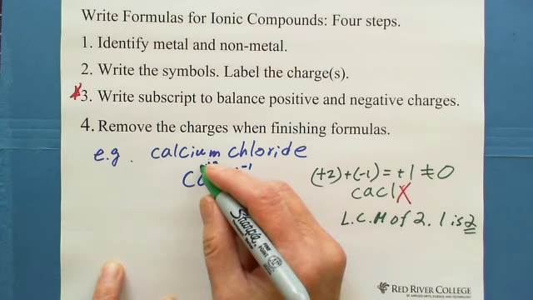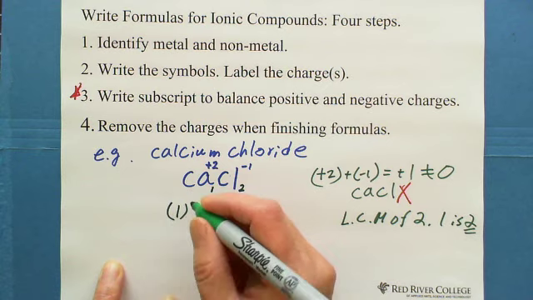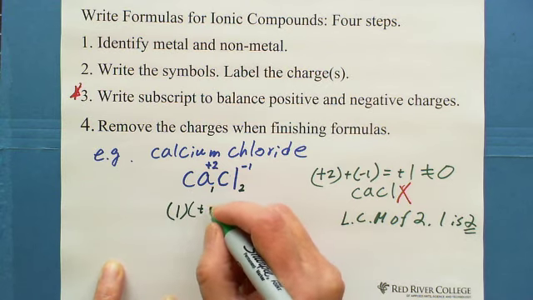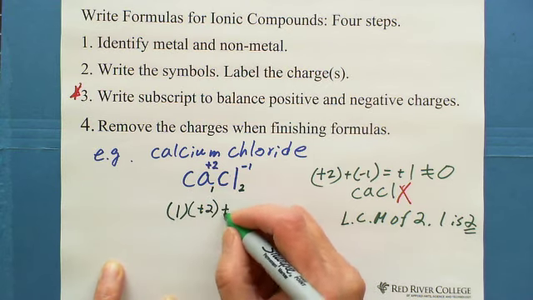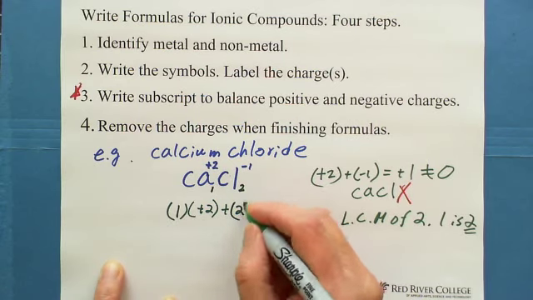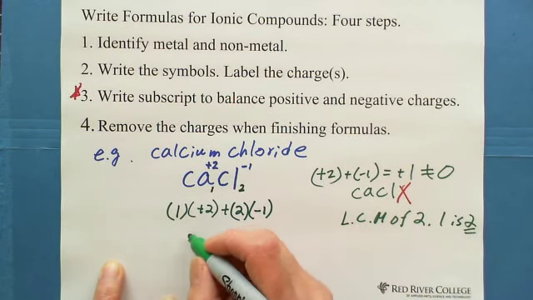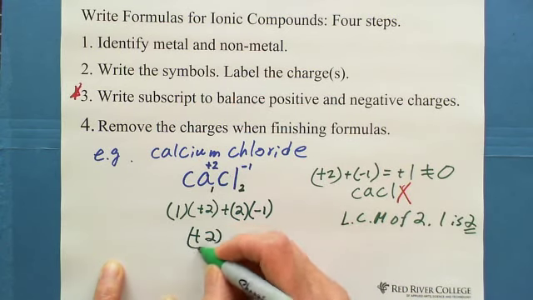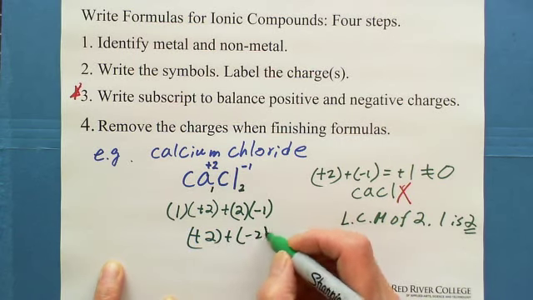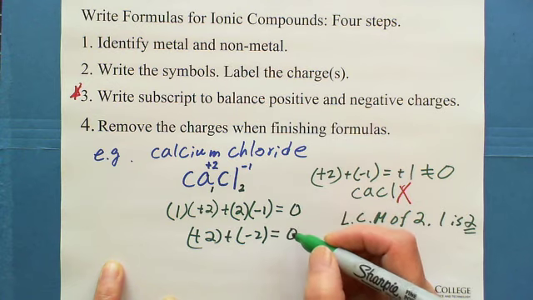So you can see in this one, you have 1 calcium ion, each one is +2, plus 2 chloride ions, each one is -1. So you get +2 plus -2, and the total charge equals 0.